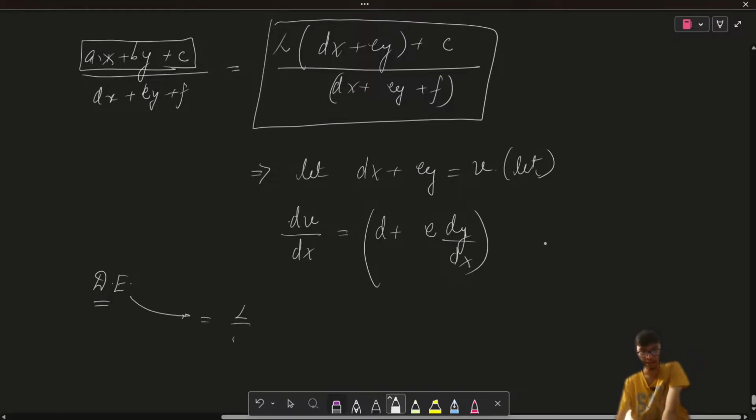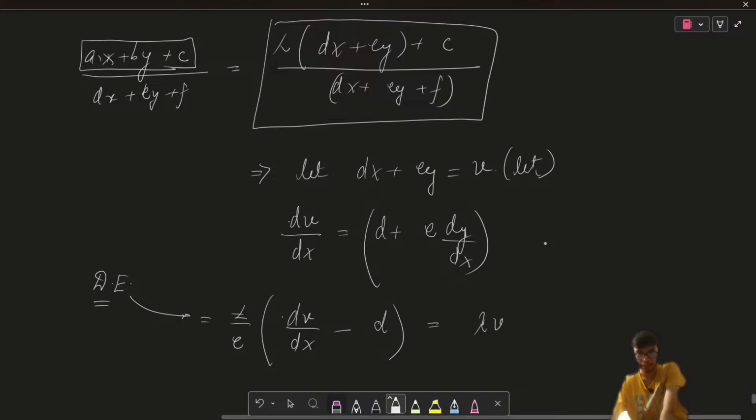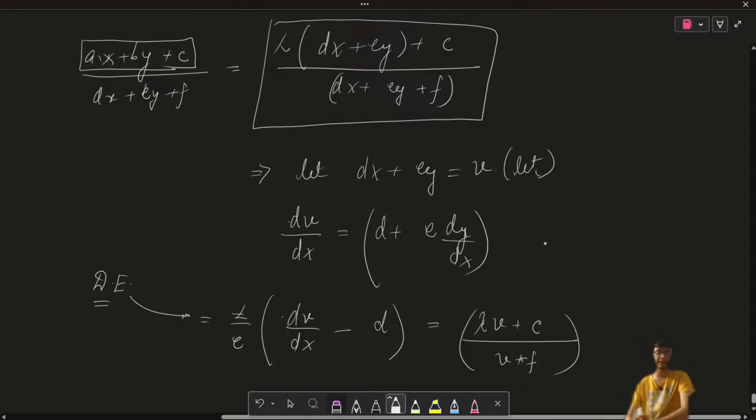So this is basically like the variable separable form we also did earlier, right? This now becomes dv upon dx minus d, whole multiplied by 1 upon e, equals lambda times v plus c, whole divided by v plus f, right? And then if we separate the variables, we can easily solve this question further.